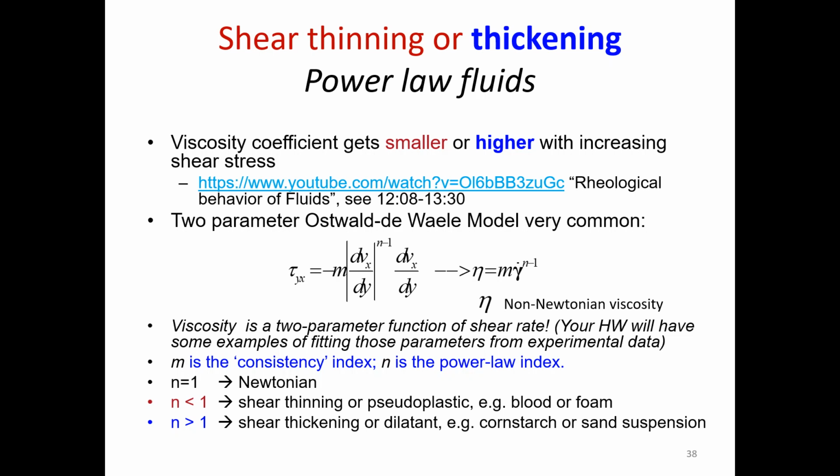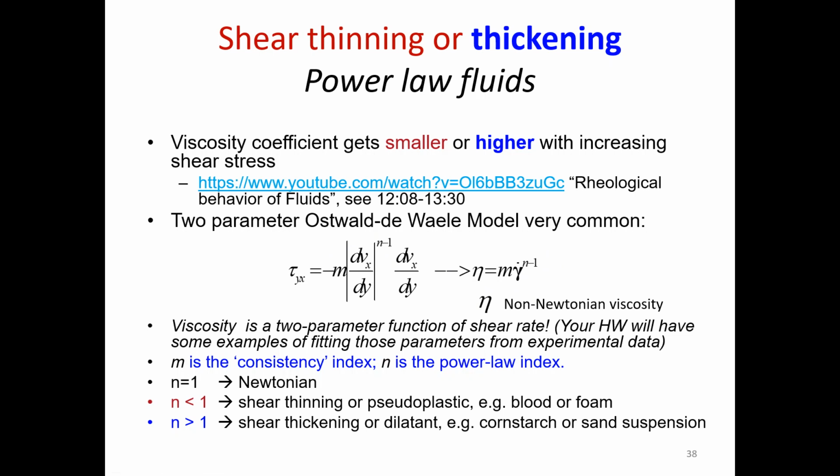Again, just to change labels so that we are not equating, I'm going to use eta. My non-Newtonian viscosity, eta, is this m times the shear rate, which is absolute dvx/dy, to the n minus 1. So my viscosity depends on shear rate.